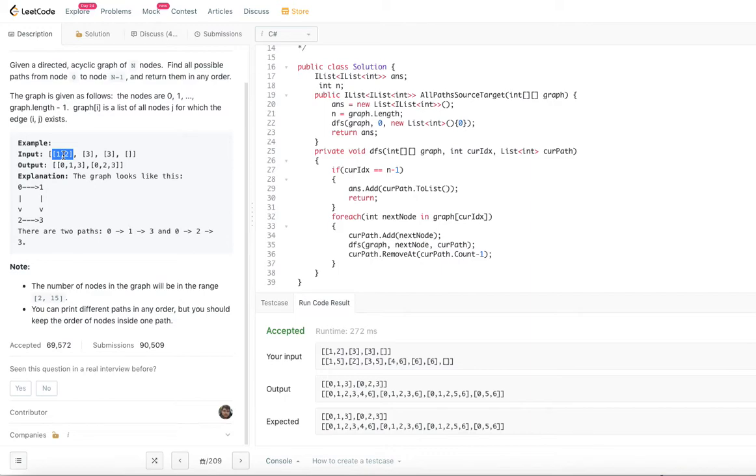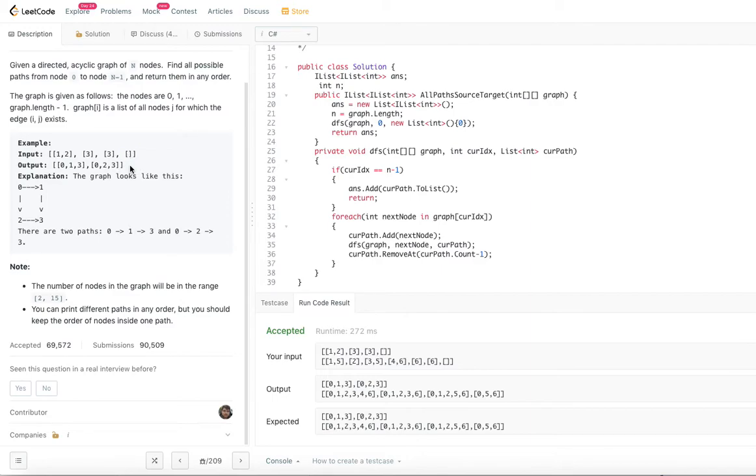Reverse is not true as of now, because we have not gone through the node 1 yet. Node 1 is connected to only node 3. Node 2 is connected to node 3, and node 3 is not connected to anything. So from node 3 there is no outgoing path. Node 3 has only incoming paths, but there is no outgoing path, right? So that's what our adjacency list is.